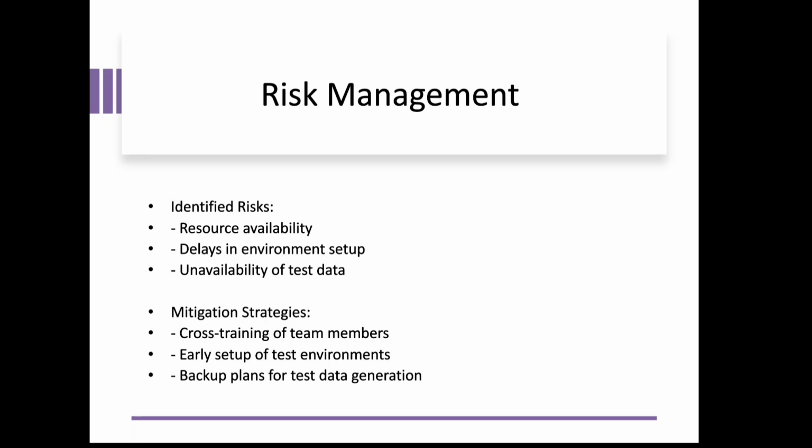We can also do an early setup of the test environment. Also we have a backup plan, if the test data is not proper, then what we need to follow. Those things come under risk management criteria inside the test plan.